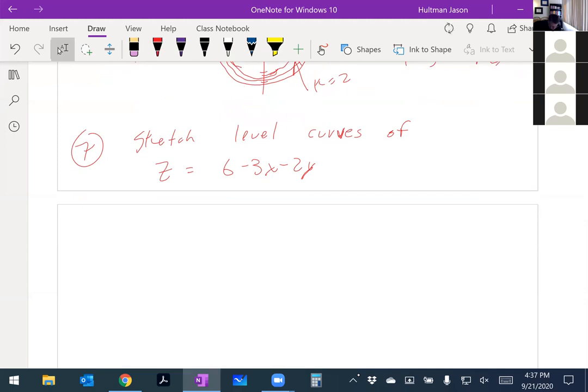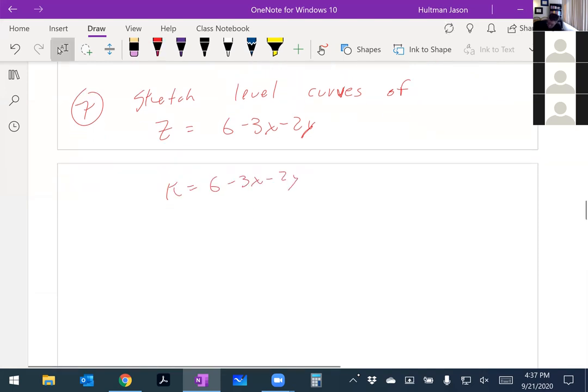Okay, and so we get k is equal to 6 minus 3x minus 2y. Well, if k is a constant, this just becomes the equation of a line.